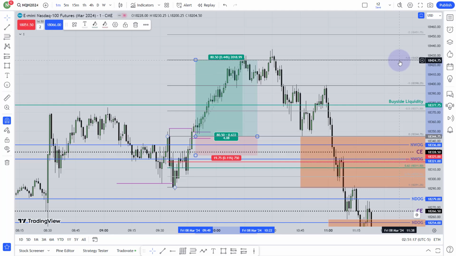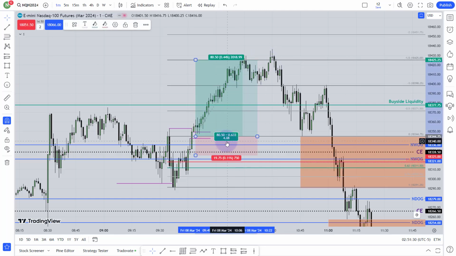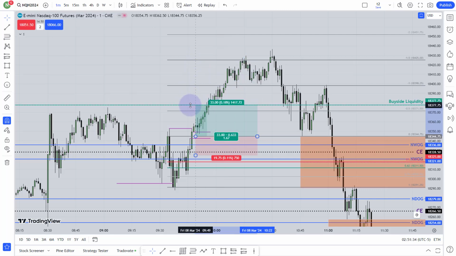Whoever has been with me for so long already knows that I love that minus 1.5 standard deviation, and you can see the reaction from it. In that case your risk to reward ratio will be 1:4. But you have to take partial at that buy side liquidity, that is mandatory. Okay, there is no option, you have to take the partial.